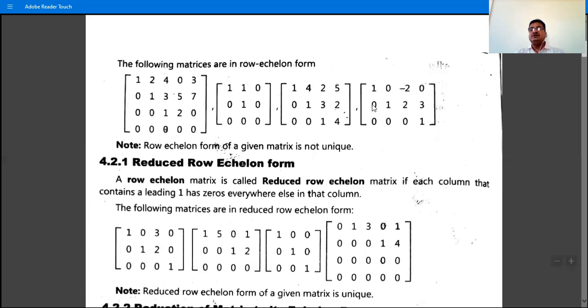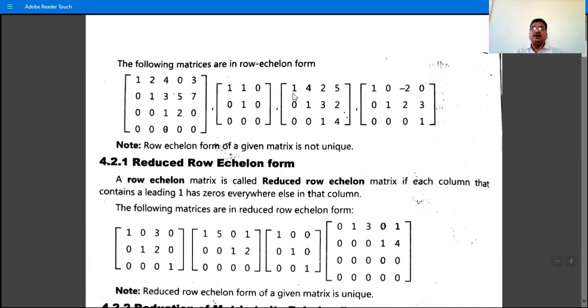And if you observe the second row, the leading one of the second row is to the right of the leading one of the upper row at one place. And the leading one of the third row is to the right of the upper row, at two places.